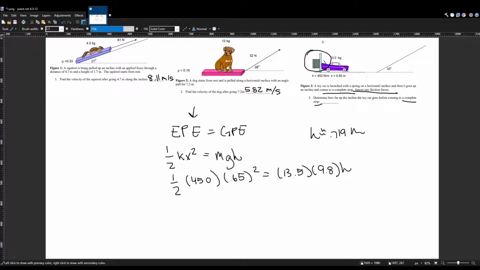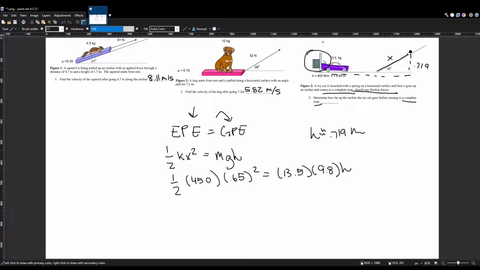But this is not the answer to the question, because the car is starting on a flat surface that we're considering the y origin, that's 0. So that just means that this is 0.719. And the car is up here because its launch comes to a complete stop at this point in time. So it's up here. We're looking for this distance.